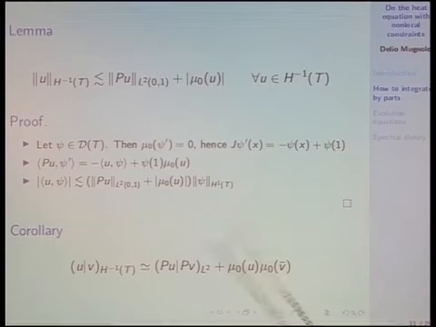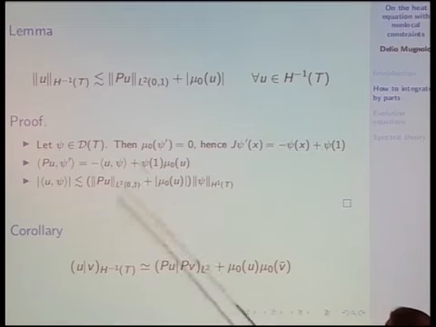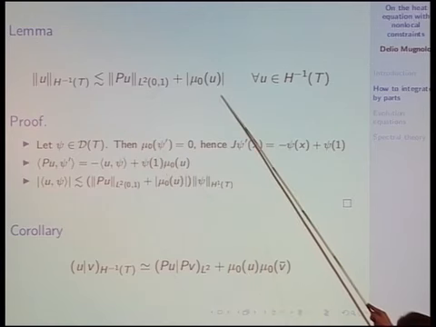So we could have two different choices for a norming of the space, but then you can also prove this inequality.